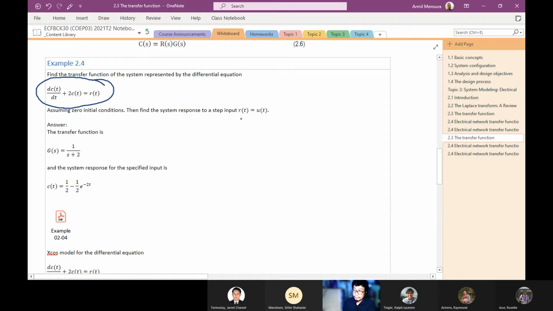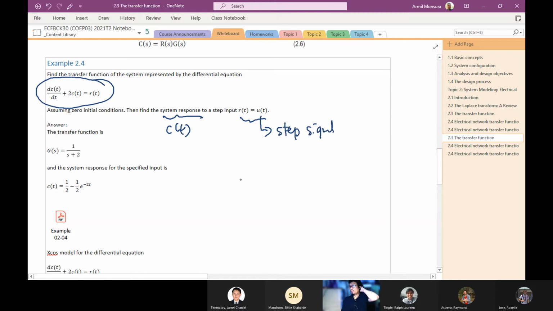Okay, so given naman yung R of t, ang pinapahanap sa atin is system response. Okay, system response natin again is C of t. Yun ang maahanap natin dyan, C of t. Okay, and some special notes. Yung input na U of t, okay, that input U of t is called the step signal.